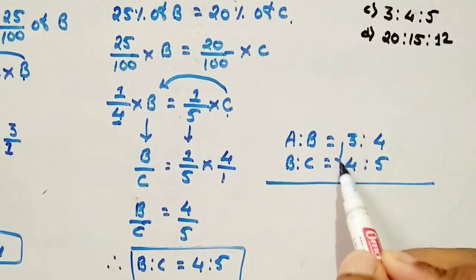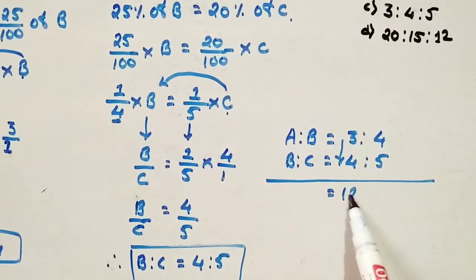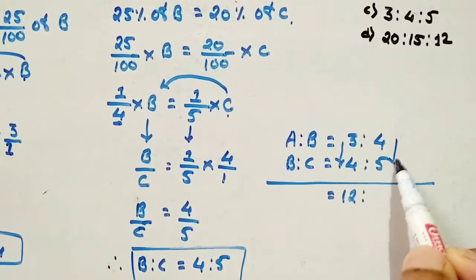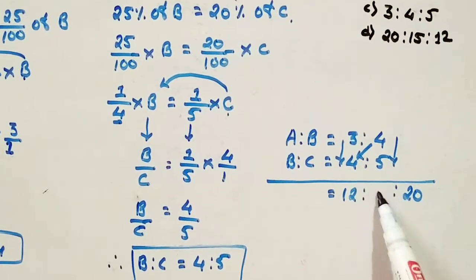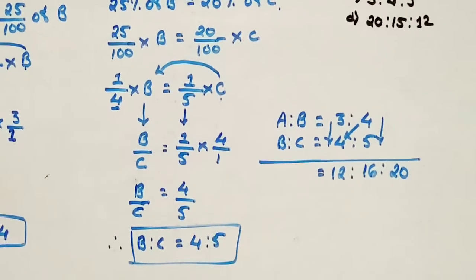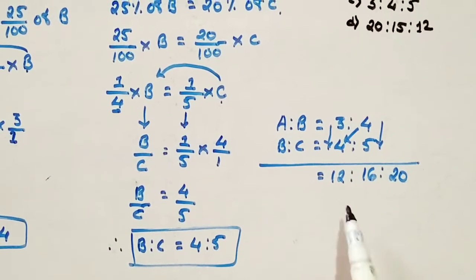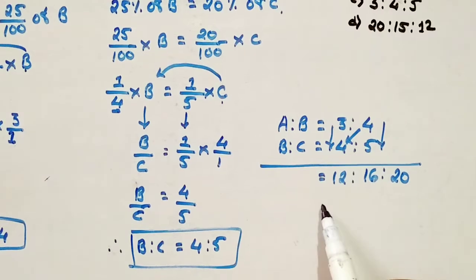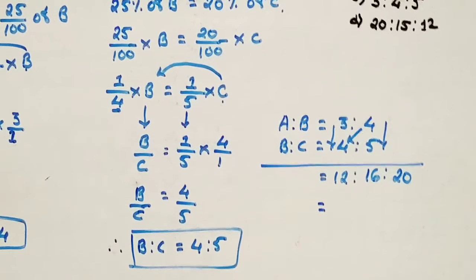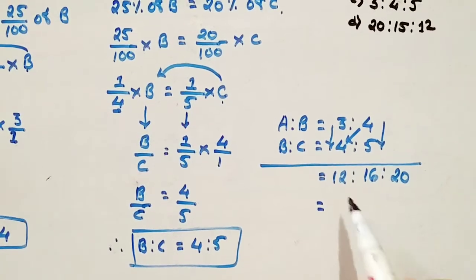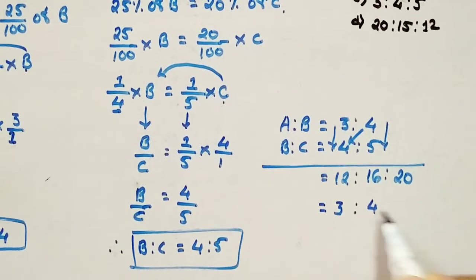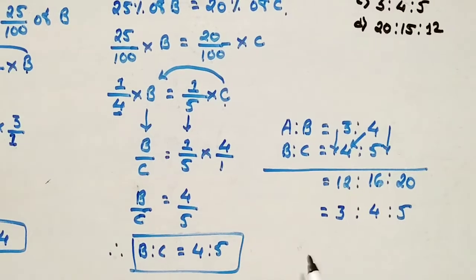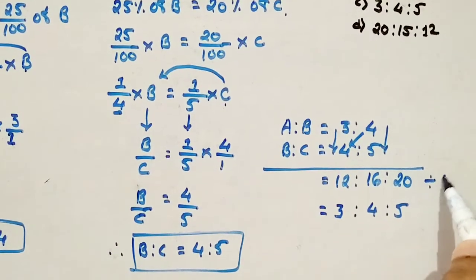So 3 4s are 12, and 4 5s are 20, and 4 4s are 16. These three numbers are divisible by 2 or 4 also.